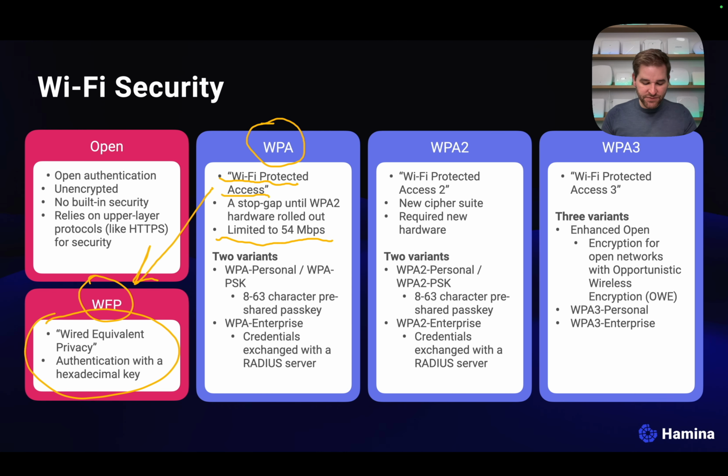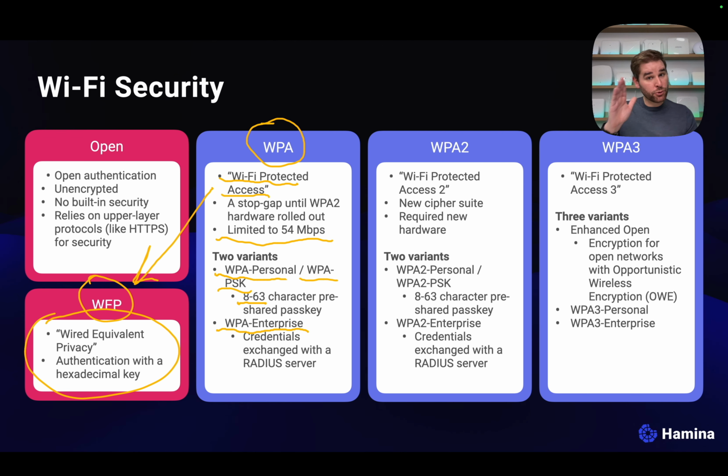There's 2 flavors of WPA. There's WPA Personal, sometimes called WPA PSK, which stands for pre-shared key. It uses an 8 to 63 character passphrase. Then there's WPA Enterprise. With WPA Enterprise, you typically will have an authentication server sitting on your network somewhere. So when you connect to the network, you'll supply a username and password or a certificate or something like that.